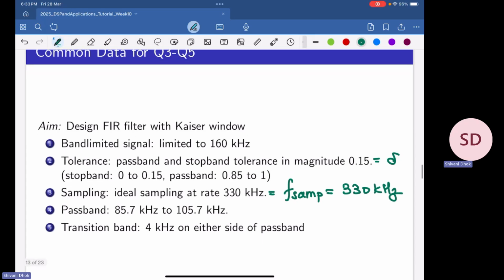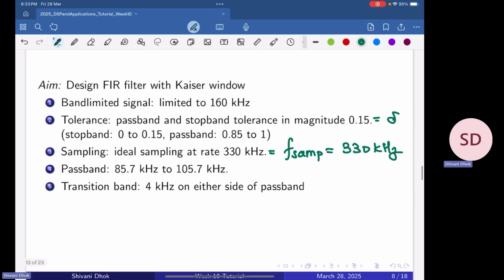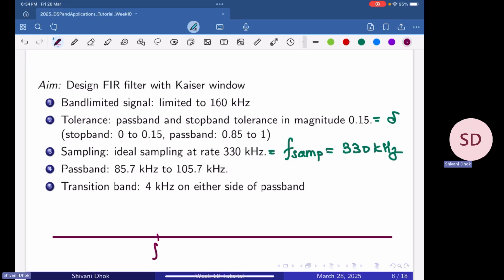And then we are given the pass band edges, that is 85.7 kilohertz and 105.7 kilohertz. And then we are told that the transition width is 4 kilohertz on either side of the pass band. So here we have FP1, which is 85.7 kilohertz, and FP2, which is 105.7 kilohertz, and then we are given the stop bands.